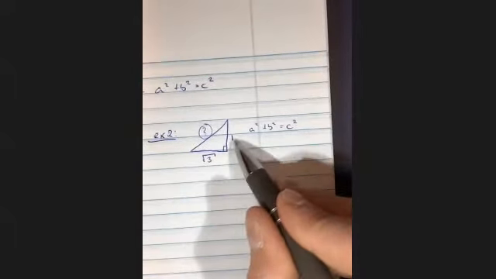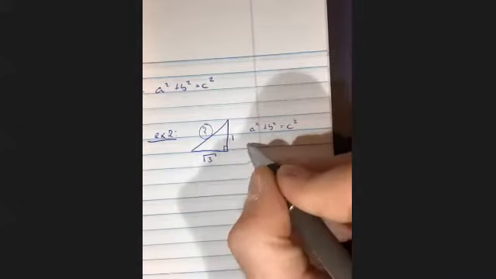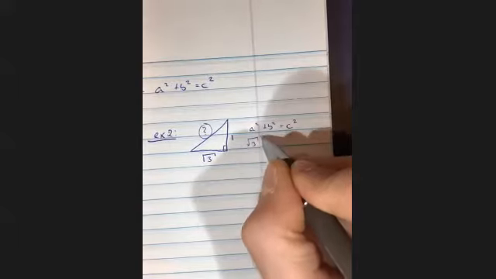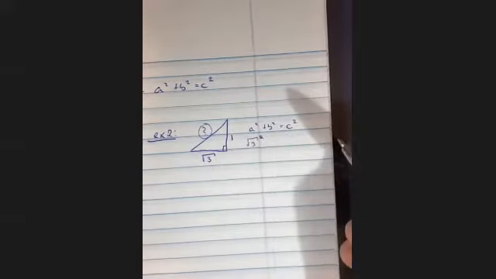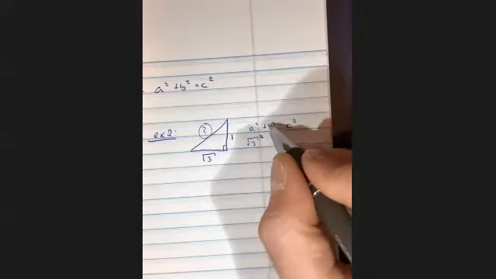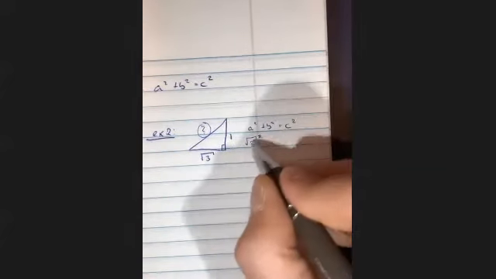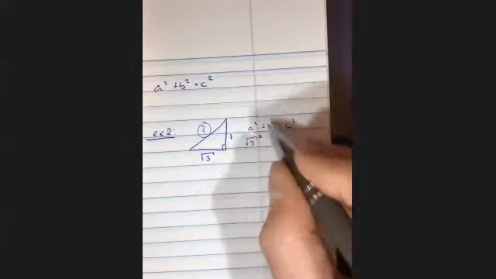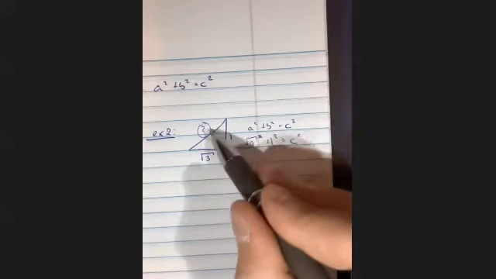I'll take one leg length, a, as this bottom one, the square root of 3 squared. Could I have made a this top leg? Of course, and it would have worked out the same because we're just adding them together. It doesn't matter if I have b first or a first, as long as I have the two of them. So I have the square root of 3 squared plus 1 squared equals this mystery hypotenuse.